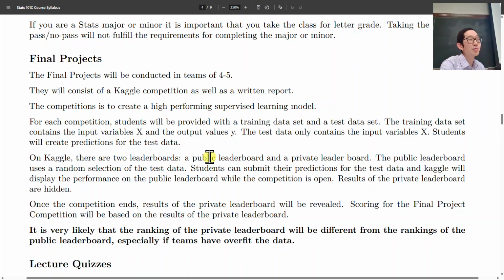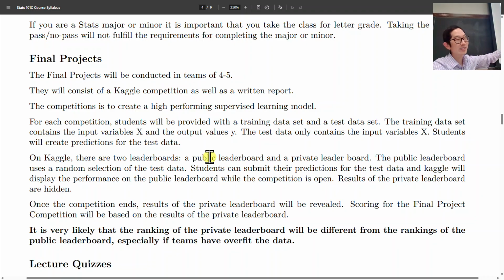And I don't know if you're familiar with Kaggle. There are Kaggle competition leaderboards, and the way it's going to be set up is there's going to be a big data set, split into training data and testing data.